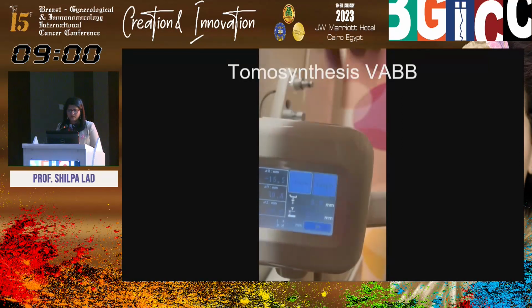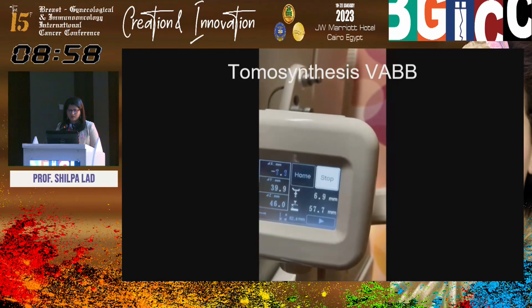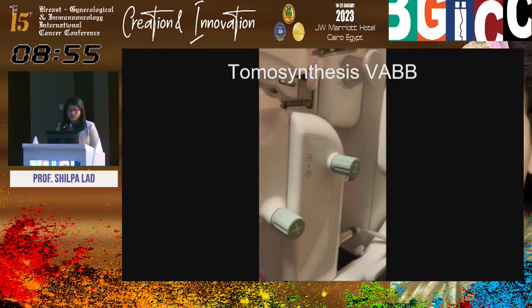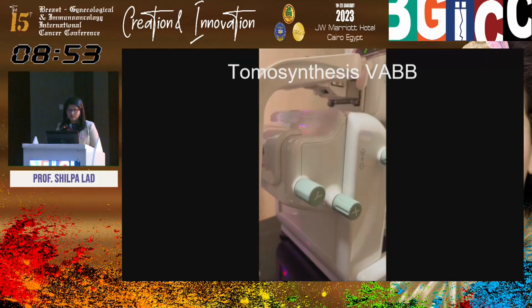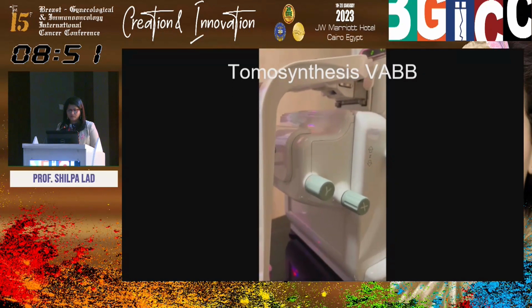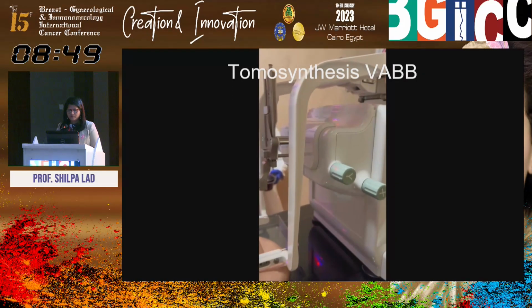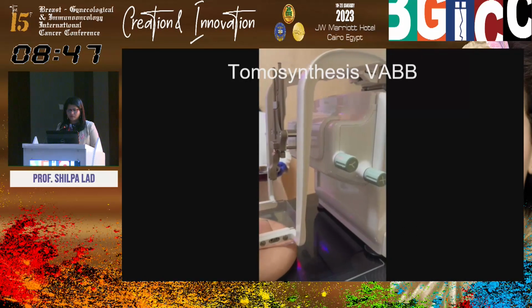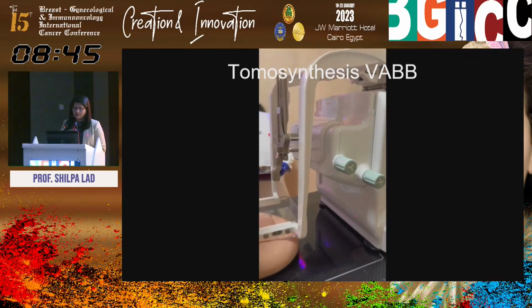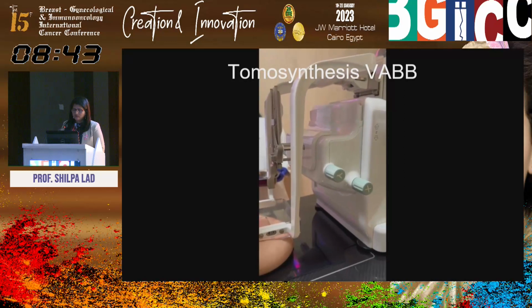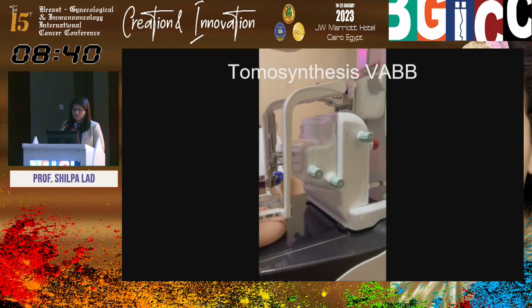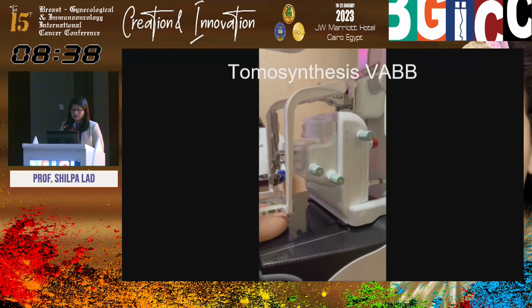So now we go to target. Okay, after we go to target, notice how this is moving. The X, Y is moving. And the Z is also coming down. Okay, so the Z also comes down.